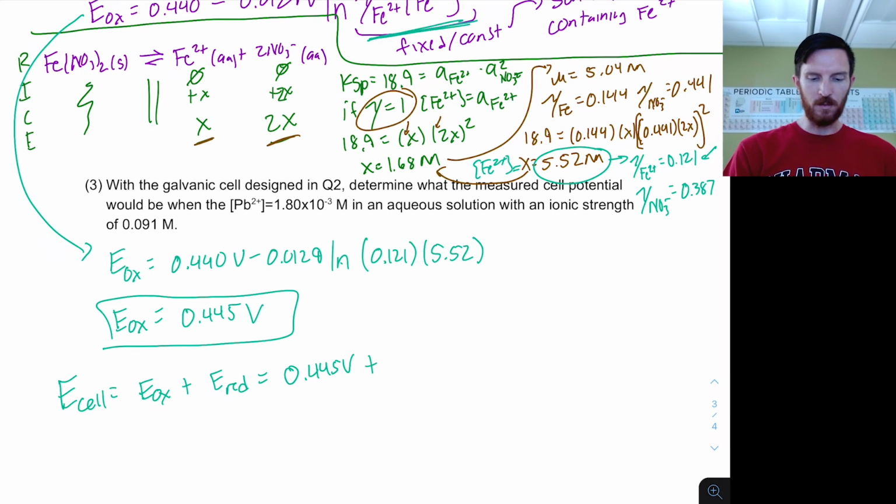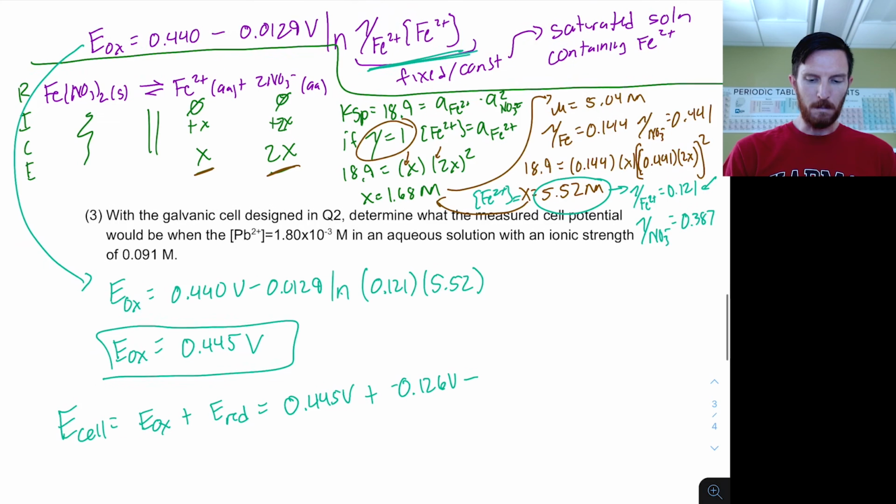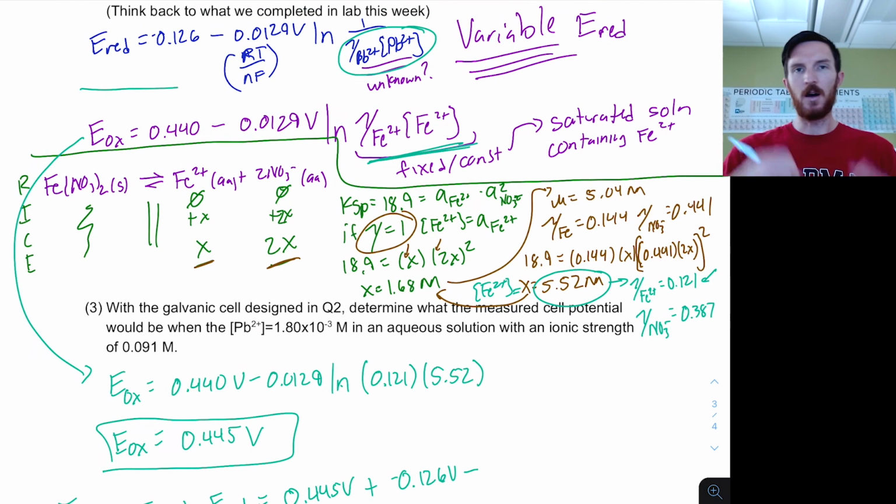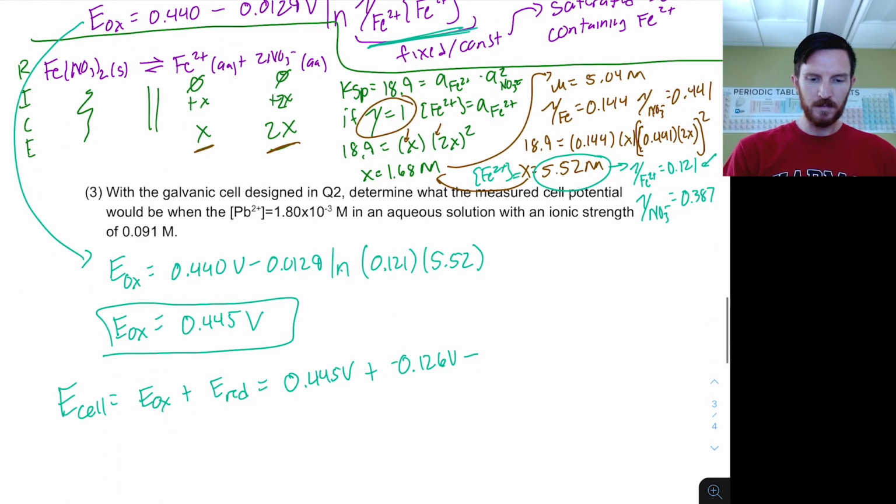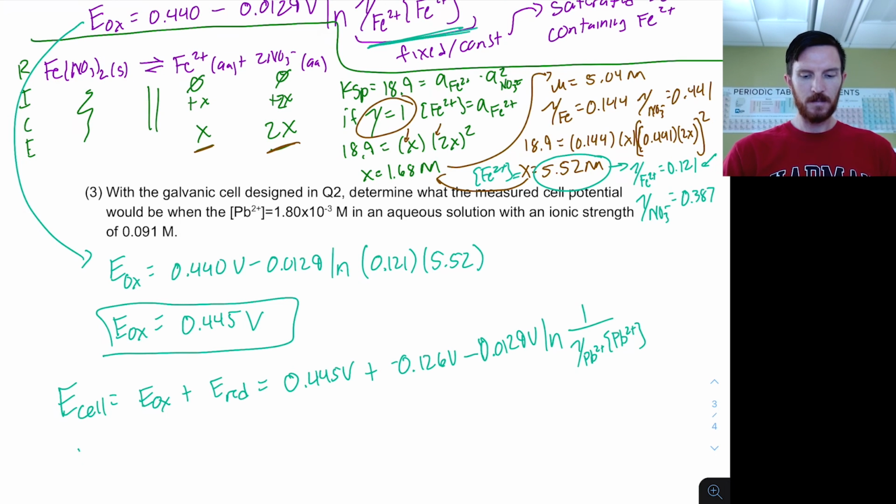So we can fill in the information that we have there: 0.445 volts for our oxidation potential, our reduction potential, negative 0.126 volts, minus the RT over nF, what we already expressed up here in our reduction potential, 0.0129 volts times the natural log of 1 over the activity coefficient of our lead ions times the actual concentration of our lead ions. And so now we have an expression for this.